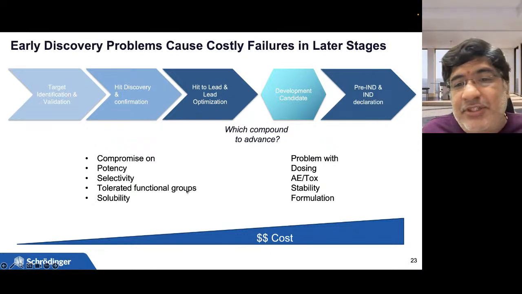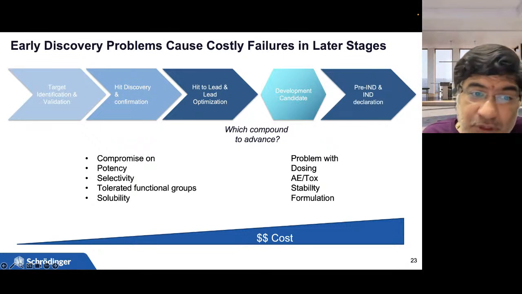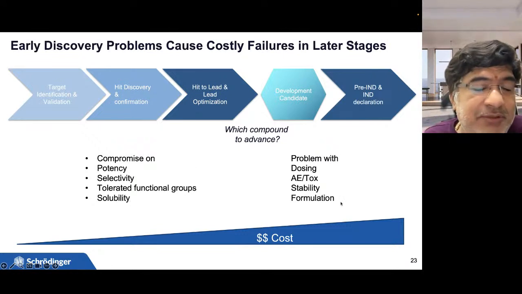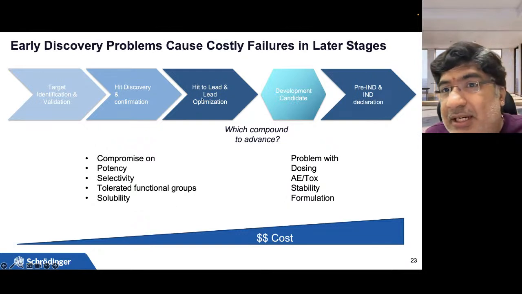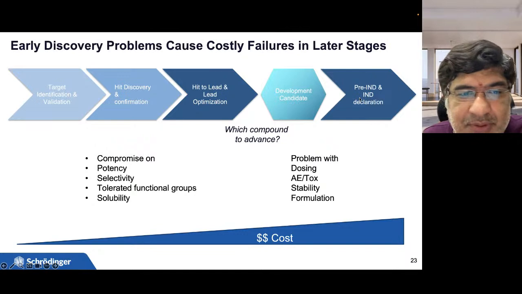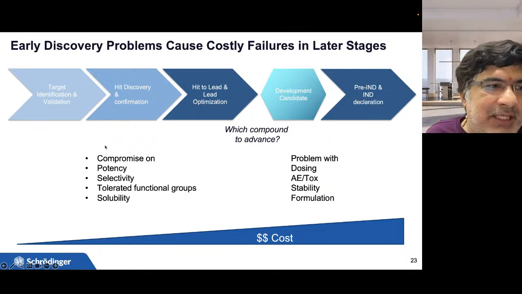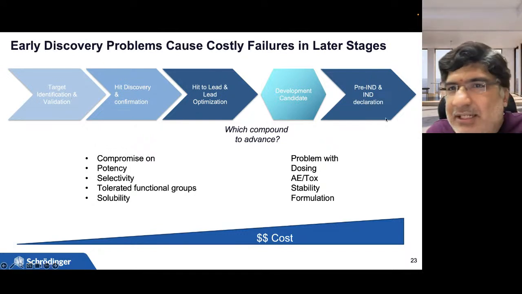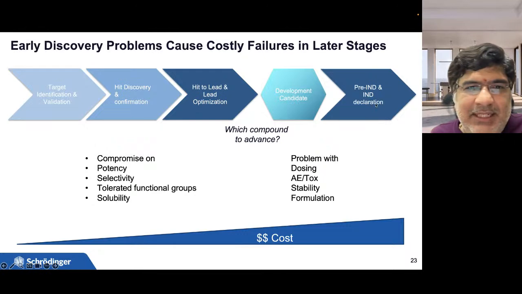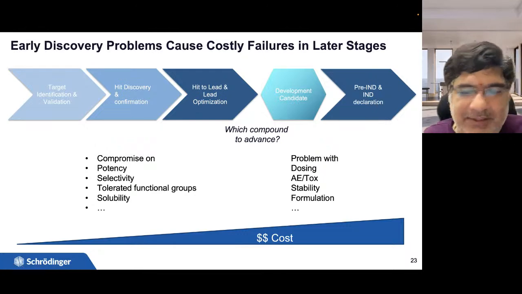If you compromise on some functional group, stability would be an issue. If you compromise on solubility, formulation would be an issue. If you compromise at the earlier stage, the later stage becomes very heavy and the cost would increase. If you drop the molecule at the preclinical stage itself, then clinical trial need not be done and you save that money, right? That's the strategy we are trying here.